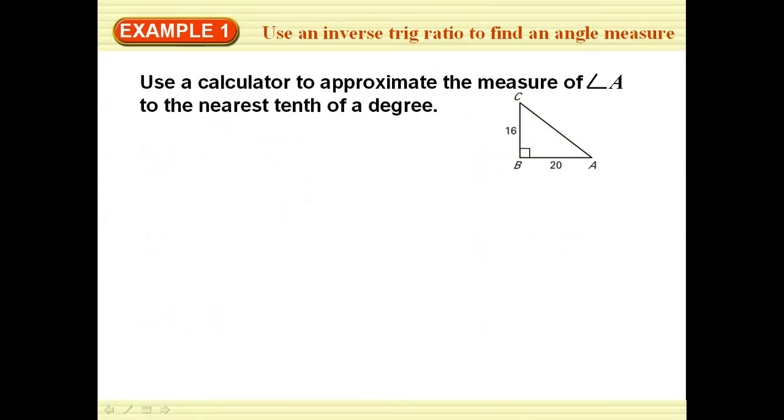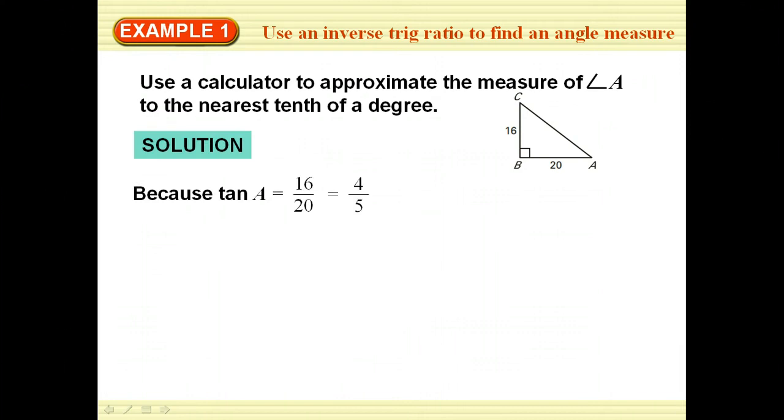Use a calculator to approximate the measure of angle A to the nearest tenth of a degree. Well, notice from angle A, I know the opposite is 16 and I know the adjacent is 20. Opposite and adjacent are related by the tangent function. So I'll set up tangent of A is equal to 16 over 20. You can reduce that to a decimal if you want to, or we can use it as a fraction.